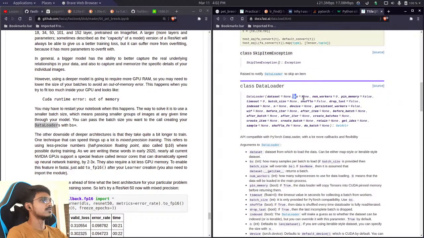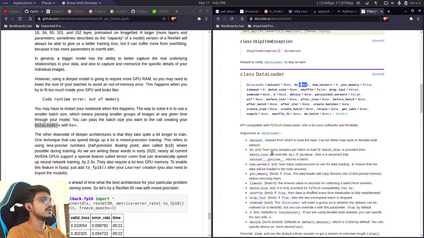So it is over here. bs is equal to None. So bs, the default is None. What does it mean? If it is None, then it is assumed that get item returns a batch.